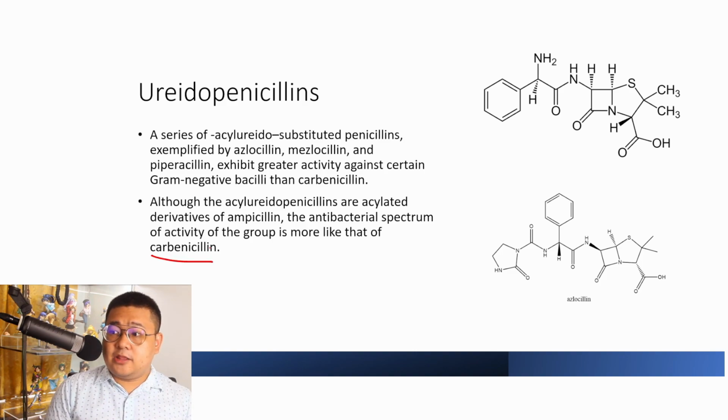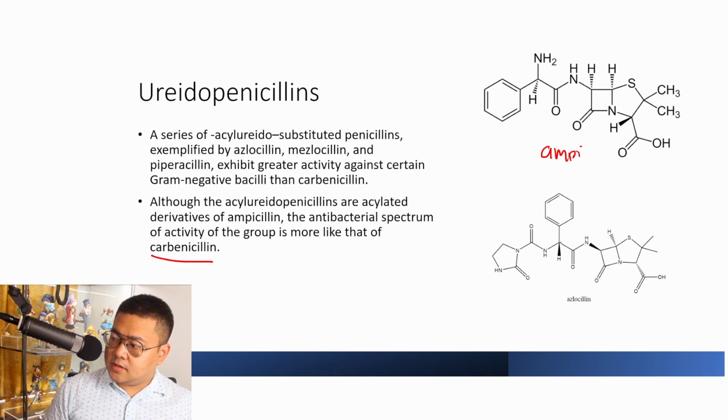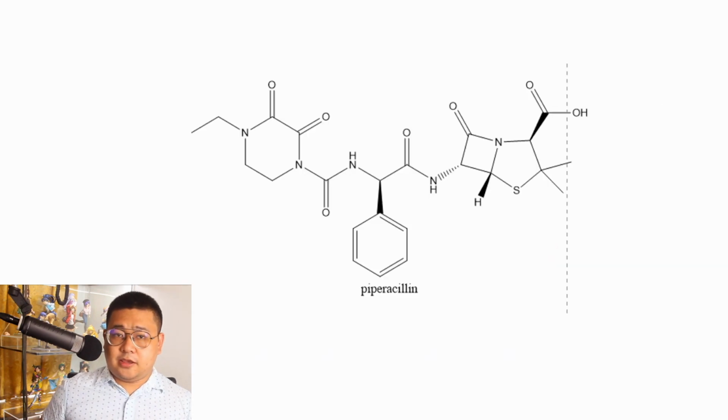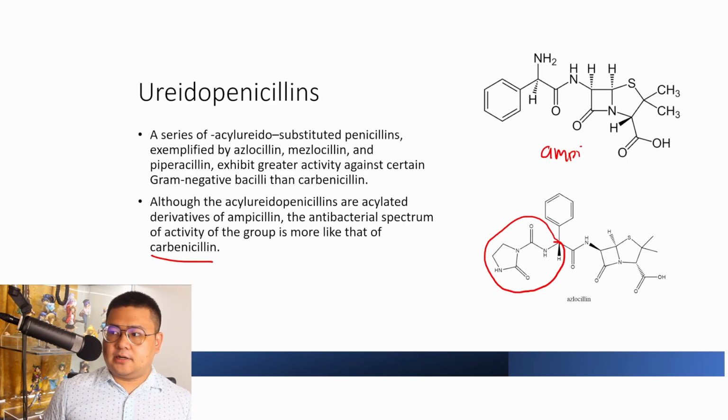So our ureidopenicillins are more geared towards gram-negative bacteria. You have ampicillin on top, and you have your azlocillin on the bottom. So these are the changes applied to our ampicillin. And you have piperacillin. Among these drugs, the most common one you will encounter is piperacillin.